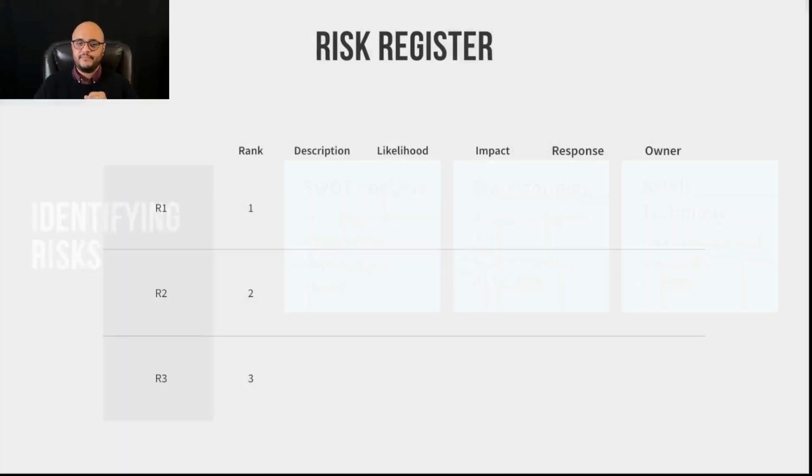Very, very effective. Once I've identified the potential risks on my project, I need to put them into what's known as a risk register. And all this is a list, essentially. Here are my risks. I'm going to denote them as R1, R2, R3. They are ranked 1, 2, and 3. A description of the risk, the likelihood it could happen. You can even use a scale for that, a scale of 1 to 10.